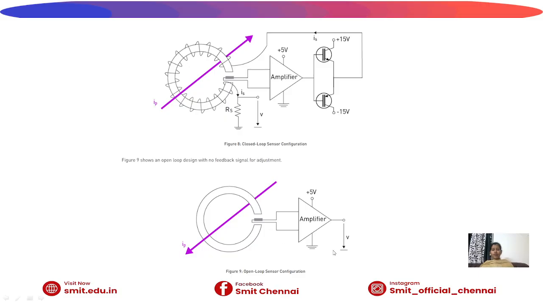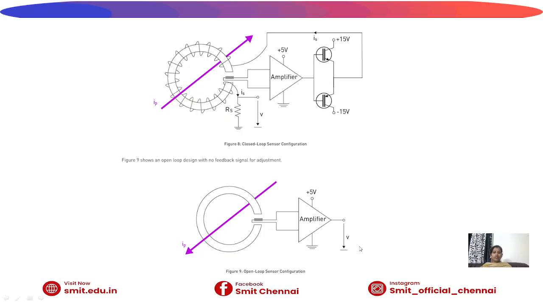But in the open loop configuration, we do not have any resistor for measuring the output voltage. We only have the amplifier, directly connected to the output voltage. We don't have any transistor, switching system, or resistor to get a feedback output. It gives only one output. That is the open loop sensor configuration.